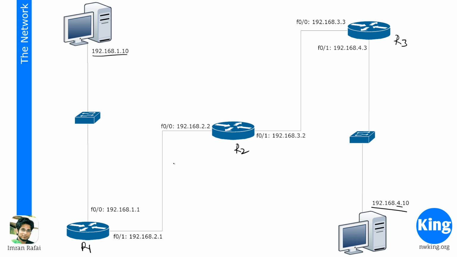This is 1.0, this is 2.0, this is 3.0, and the IP addresses that I've given to the routers are 1.1 because it's router 1, 2.1, 2.2 and 3.2 because the last octet 2 denotes router 2, and 3.3 and 4.3 denote router 3, right?